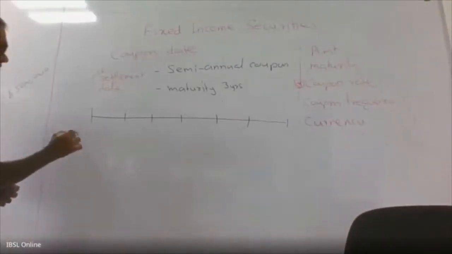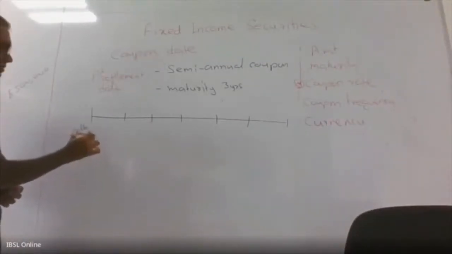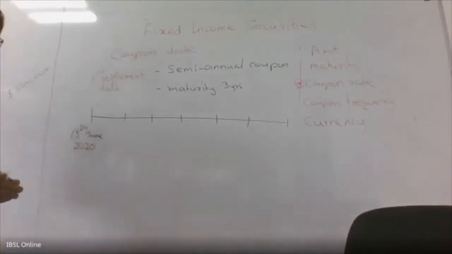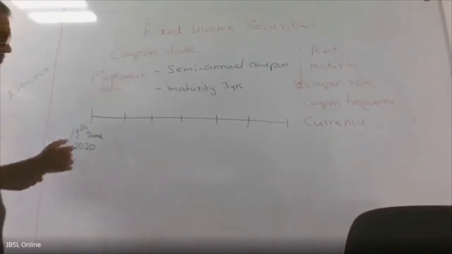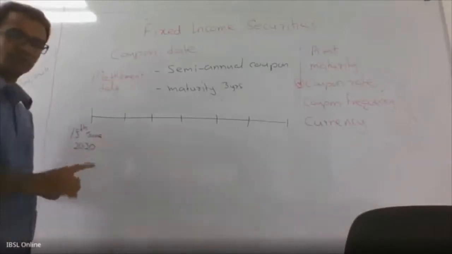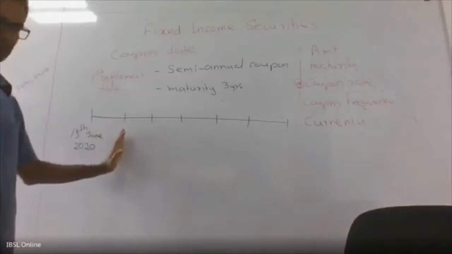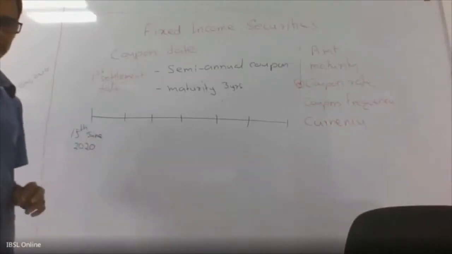This is 15th June 2020. Since semi-annual, the first coupon will be received after the 6th month. What is that date? 15th June, 6th month.